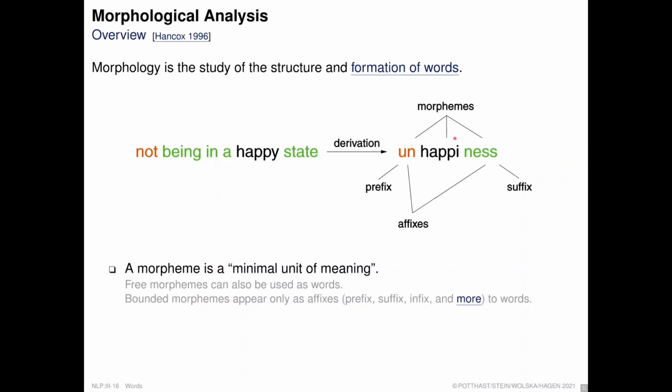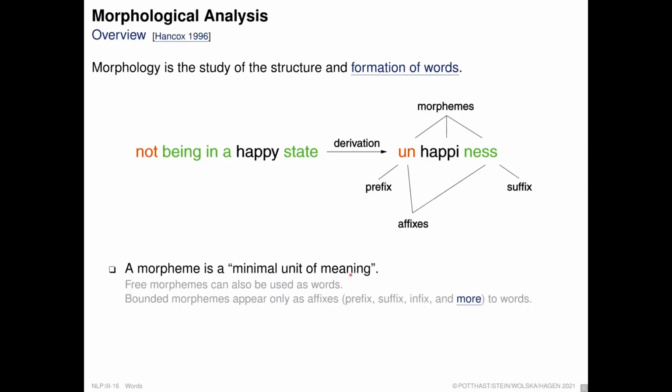Happy expresses the state of happiness, being happy. Ness expresses a state, basically, as opposed to an action. So some of them have semantic meaning proper function, and some of them have grammar formation function.